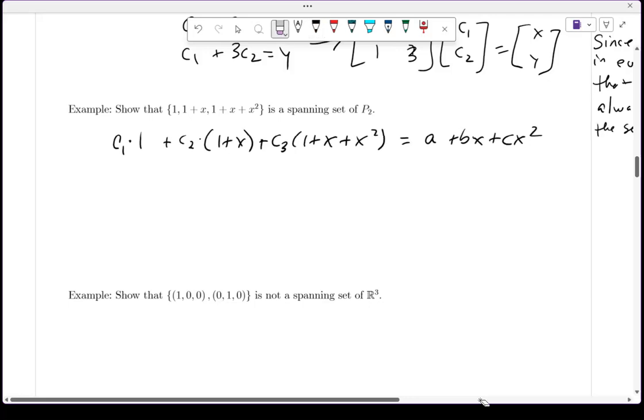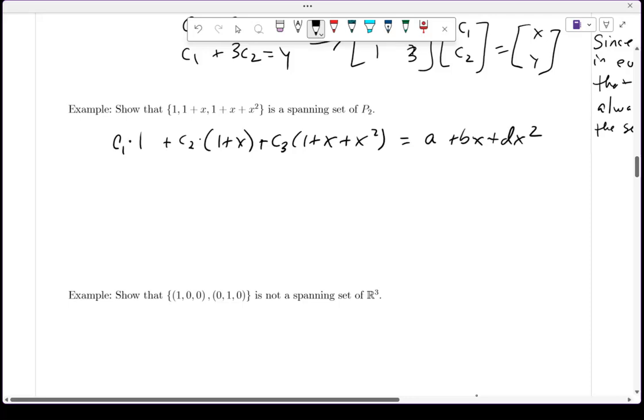Oh, C's a bad letter. I use a D there, since I used C's on my constants on the other side. This is what we would need to solve, right? If I want to show that it's a spanning set, no matter what you pick on the right-hand side, I can always find constants to use on the left-hand side. That's what you have to solve.